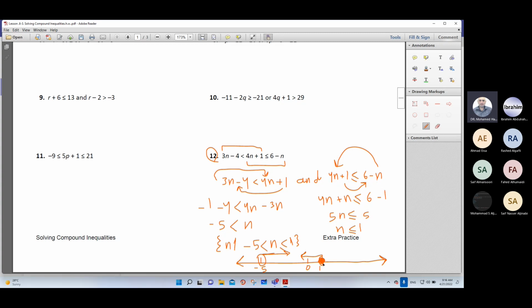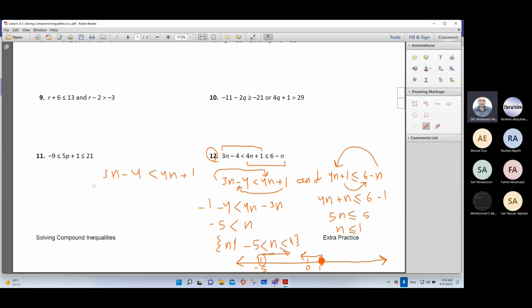Who has any question about this item? Yes, the second method, the easy method. The original method, you can subtract 3n from the two sides. Here you have 3n minus 4 less than 4n plus 1.